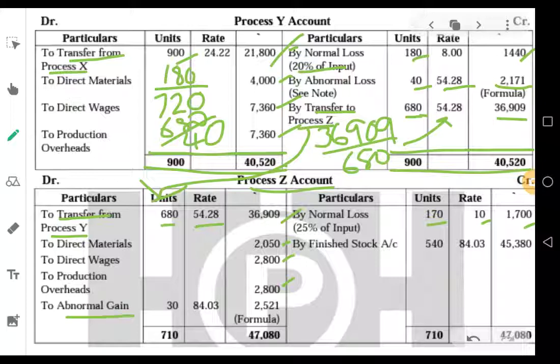Enter it on the debit side of the Process Z account.